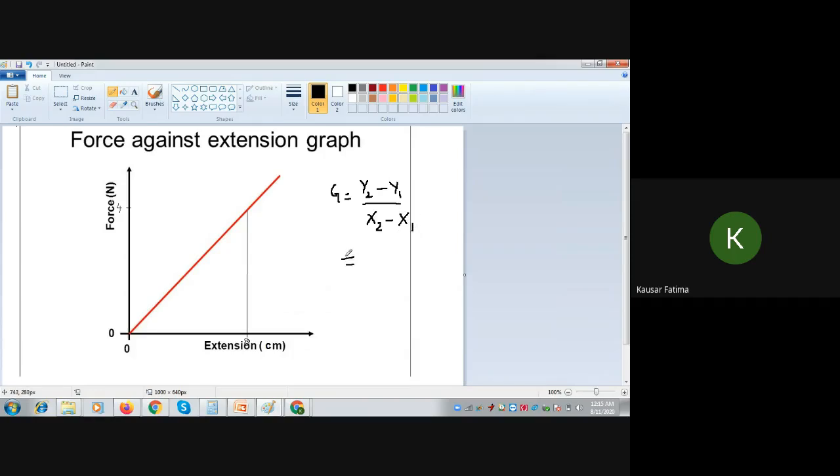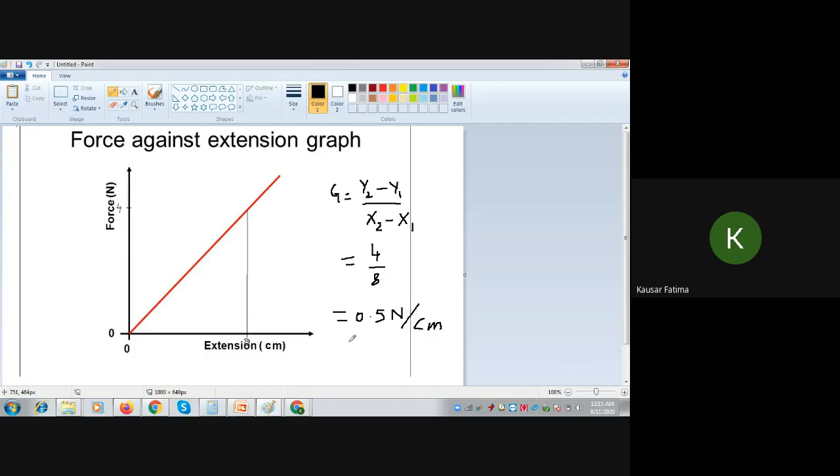So the answer will be 4 divided by 8. So what will be the unit? 0.5 Newton per centimeter here. The SI unit is Newton per meter. You could get this unit Newton per meter also if you had converted 8 centimeter into meter. This answer would be in Newton per meter.